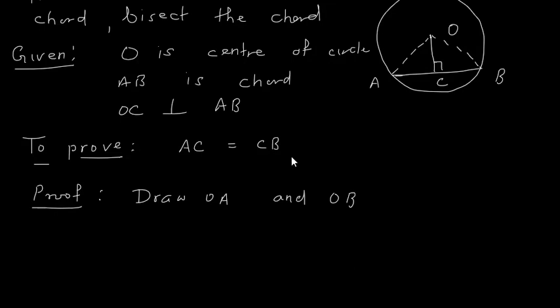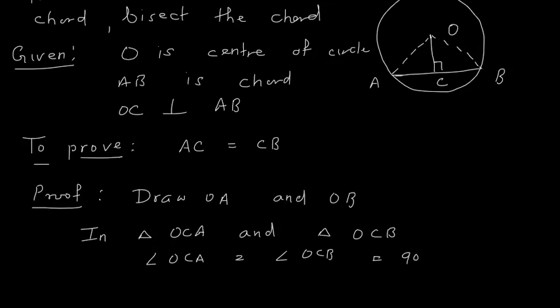Now in triangle OCA and triangle OCB, we take these 2 triangles. In these 2 triangles, angle OCA is equal to angle OCB is equal to 90 degree. This is our construction.